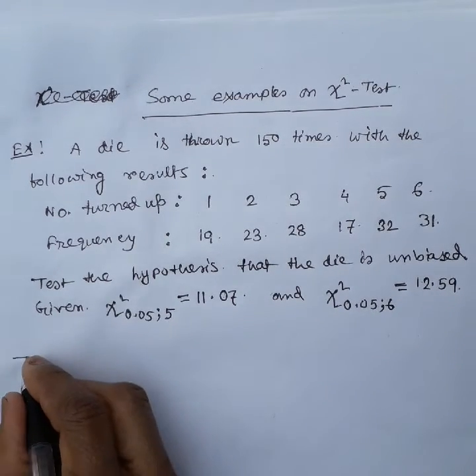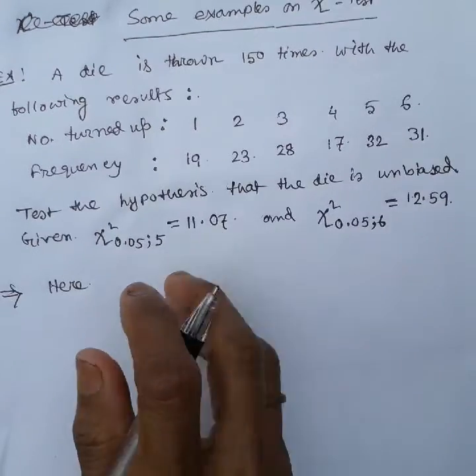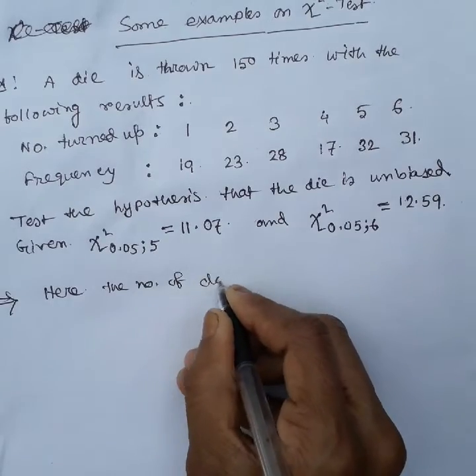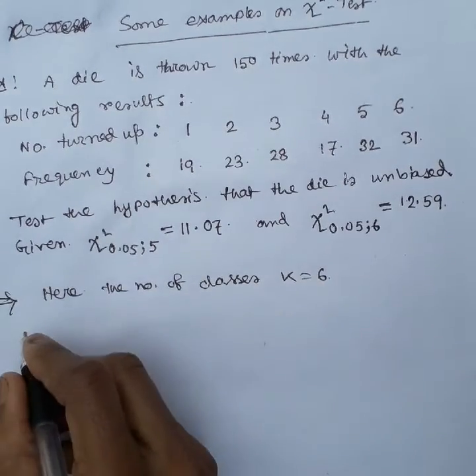Okay, so here the number of classes k is equal to 6.